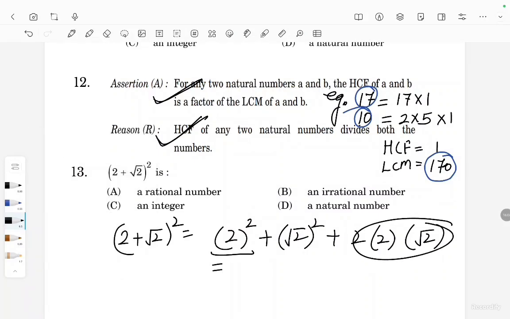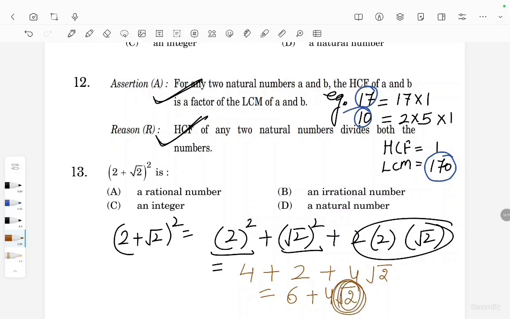They just write 2 square and root 2 square and forget this. So be careful. 4 plus 2 plus 4 root 2, and we will get 6 plus 4 root 2. As root 2 is irrational, whatever we have simplified is overall an irrational number. So option B is correct. Okay, done.